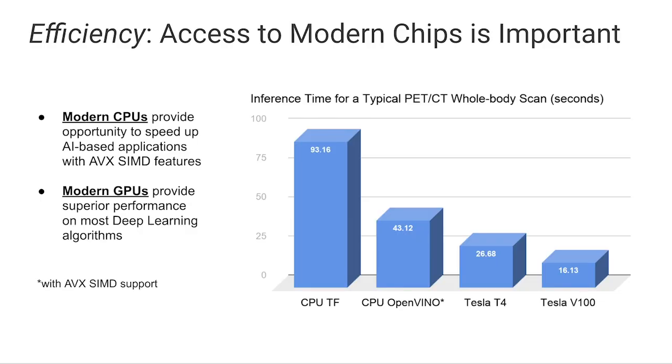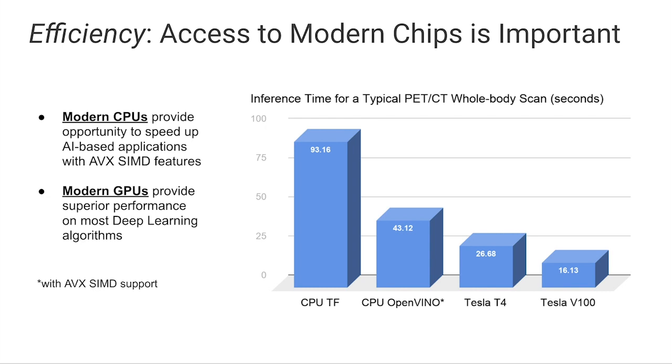Just to give you an example, we did a bench test on our own algorithm. For a typical CPU without any optimized framework on top of it, you would get about 100 seconds to process the entire volume in this case. If you have access to more recent CPUs and put some optimized frameworks on top of it, you can cut that time down to less than half of the original time.